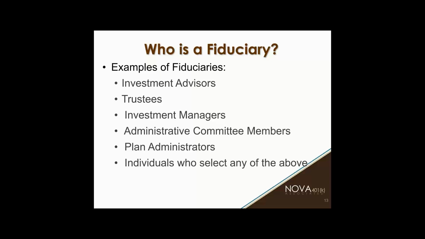The plan administrators themselves, the individuals in your companies that are approving the loans and distributions and signing the 5500s, and administering the plan, obviously with our assistance, but people within your firm are fiduciaries. And then again, anybody that hires or fires any of the people above, which are generally going to be the owners of the company, whether they're trustees or not.